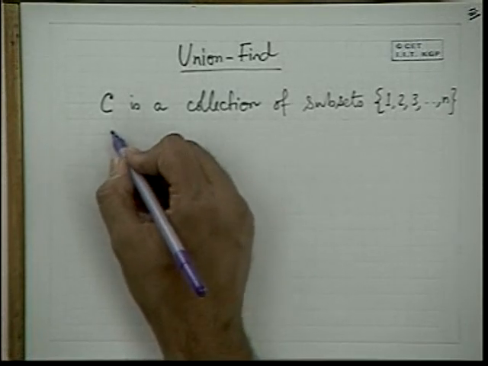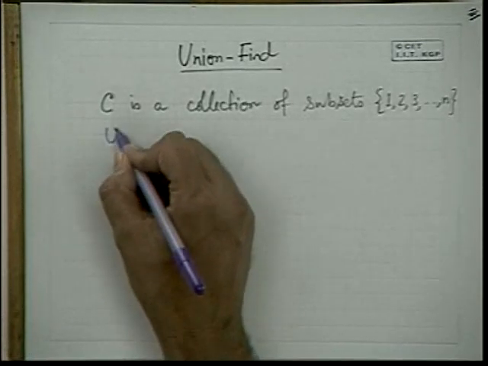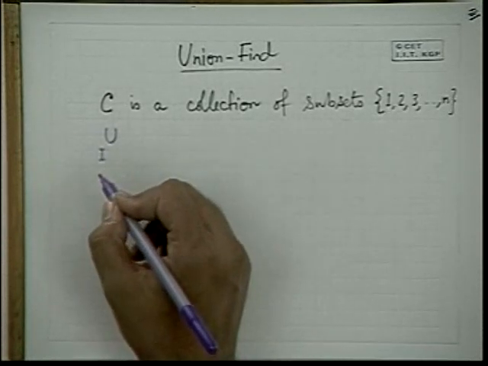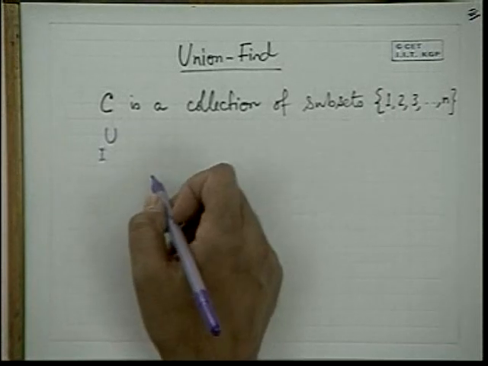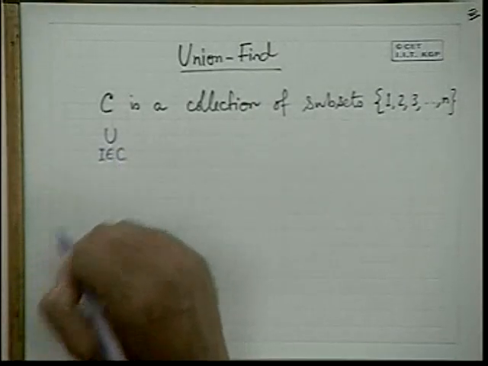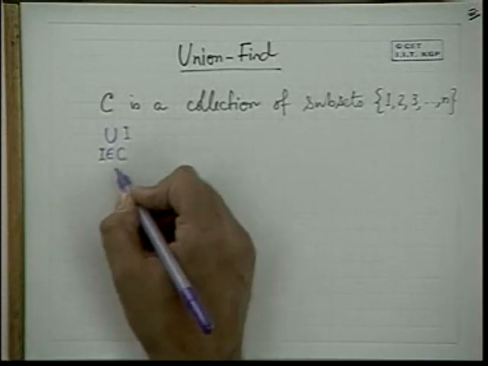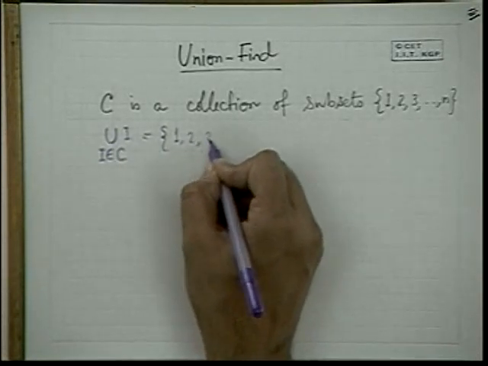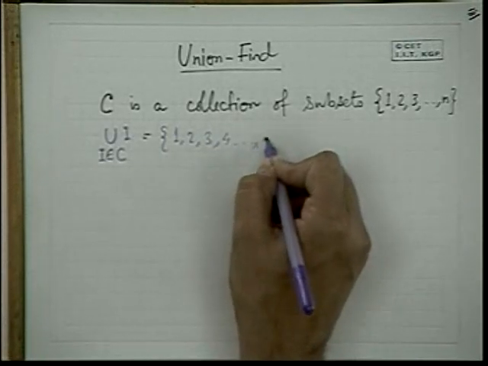So what is the condition? Suppose I is a set in this set system, so we will call it a system. What is a system? It's a set of sets. So suppose I is a set in the system C. If you union all the I, that will be equal to 1, 2, 3, 4 up to n.